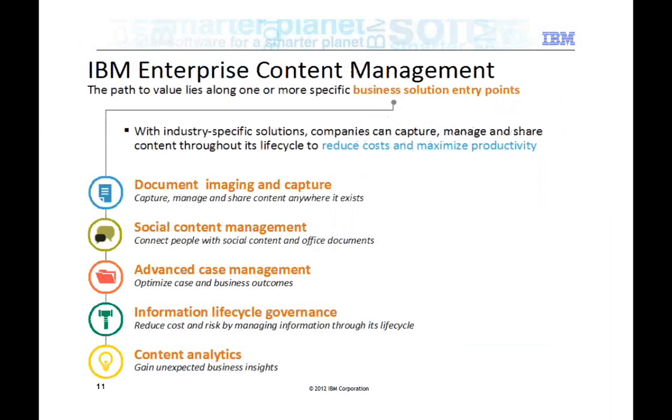If you look at IBM's portfolio, IBM provides the industry's broadest and richest portfolio of capabilities to address all the needs and challenges we have seen so far in the ECM space. We will see all these 5 capabilities listed here, what we usually call the 5 waves of ECM, or you can call them the pillars of IBM ECM.